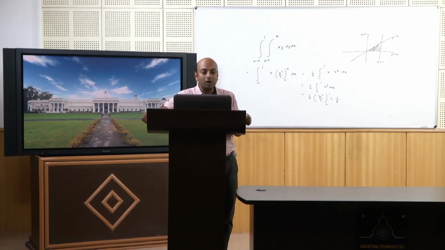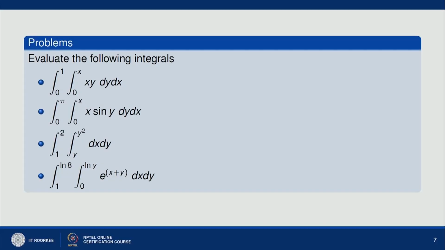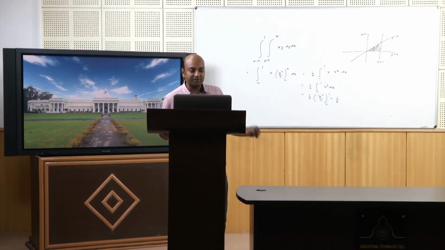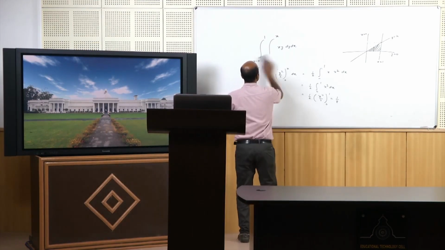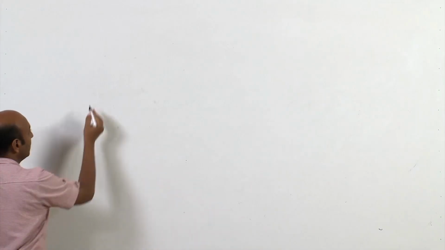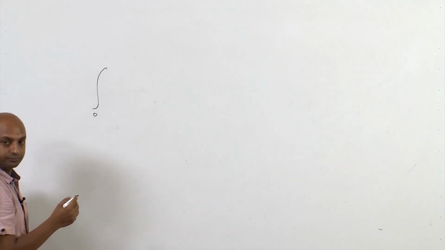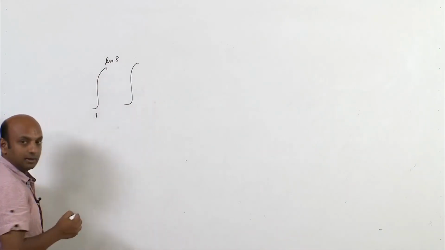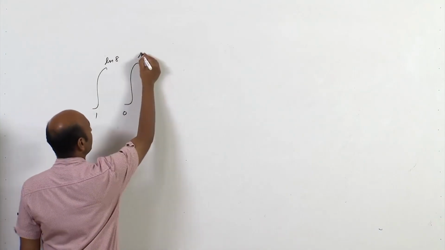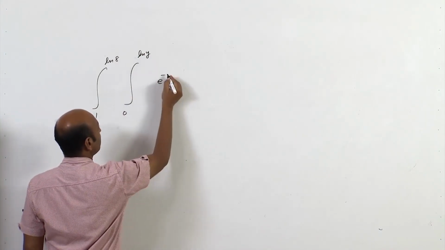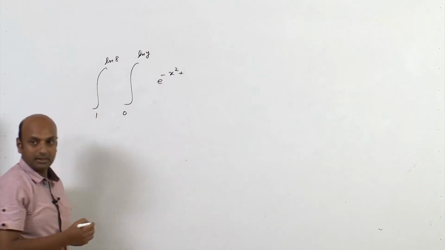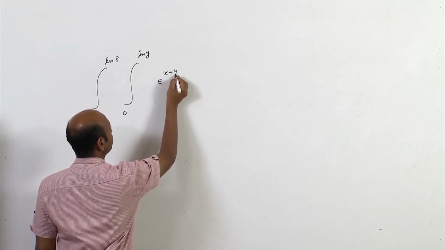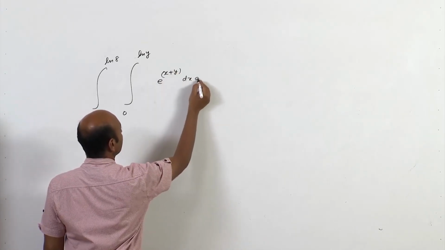Now, similarly, you can solve these problems. Suppose you want to solve the last problem. Okay. Similarly, you can solve the second and third. The last problem, let us suppose, is integral 1 to ln 8, integral 0 to ln y of e raised to power minus x square minus e raised to power x plus y, sorry, and it is dx dy.